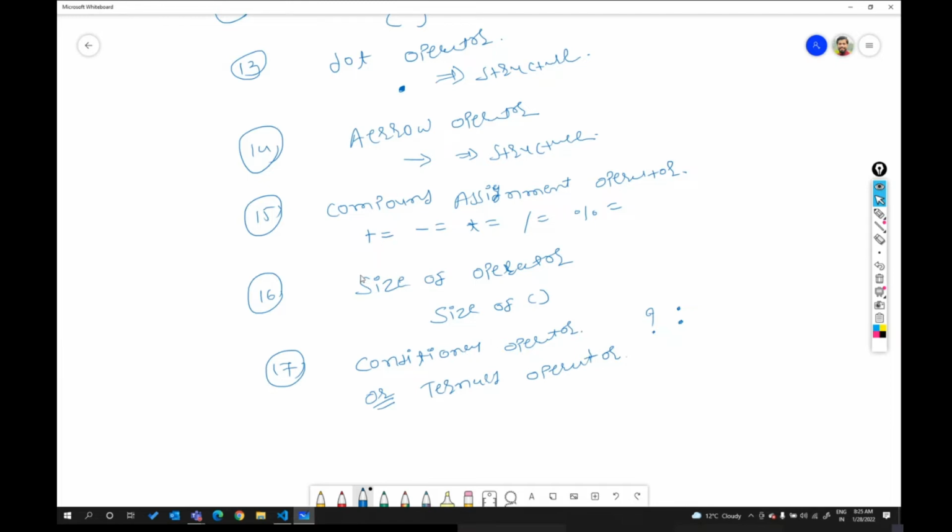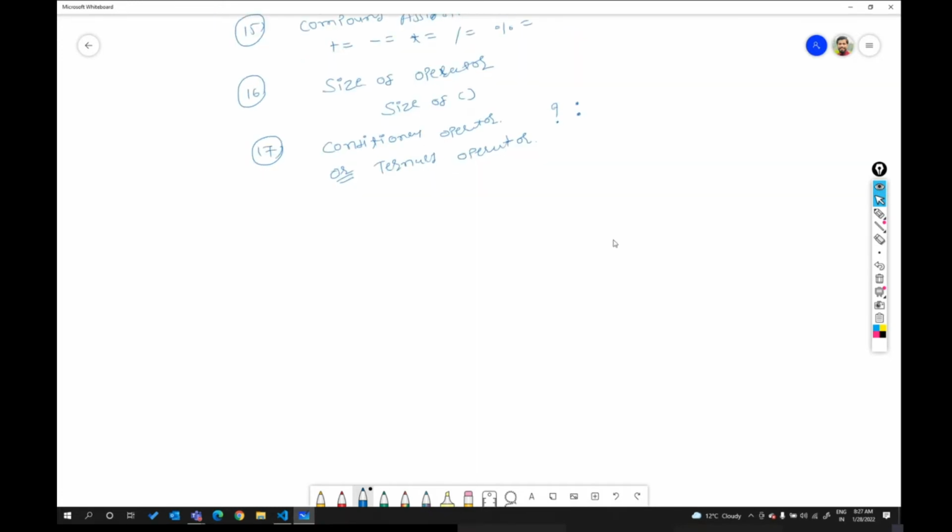We have only one ternary operator, which is the conditional operator. Rest of all are part of either unary or binary operators. Next is the unary. What are my unary operators? First, what is the meaning of binary? Binary means that if we need to do something before and after the operator, that is called a binary operator. So arithmetic operator is a binary operator. Like that way, we will see which are binary and which are unary.